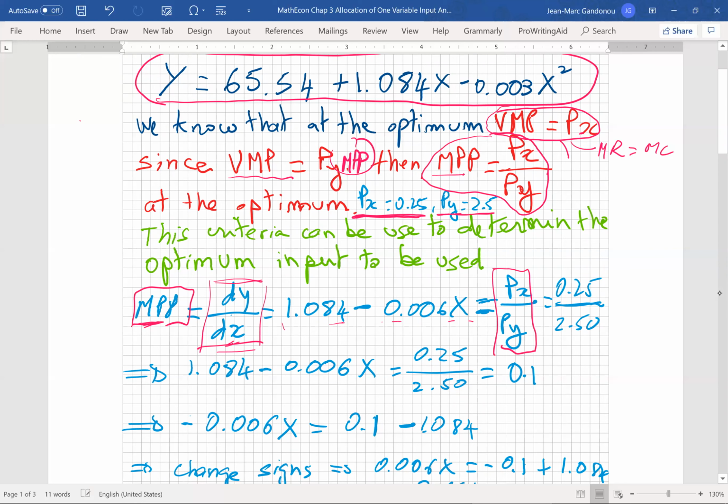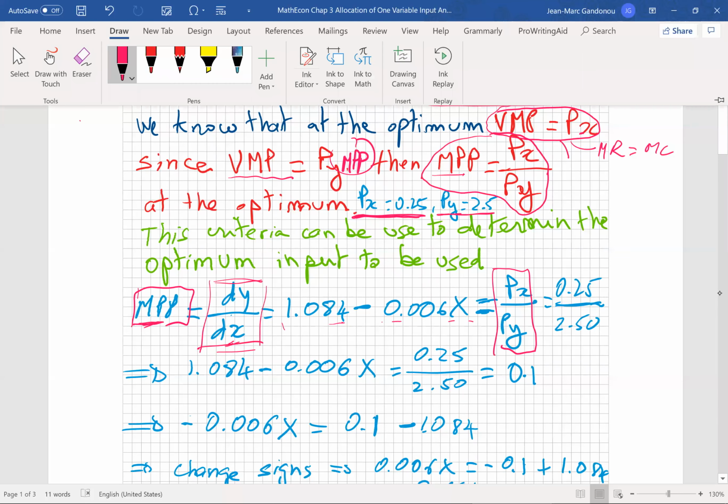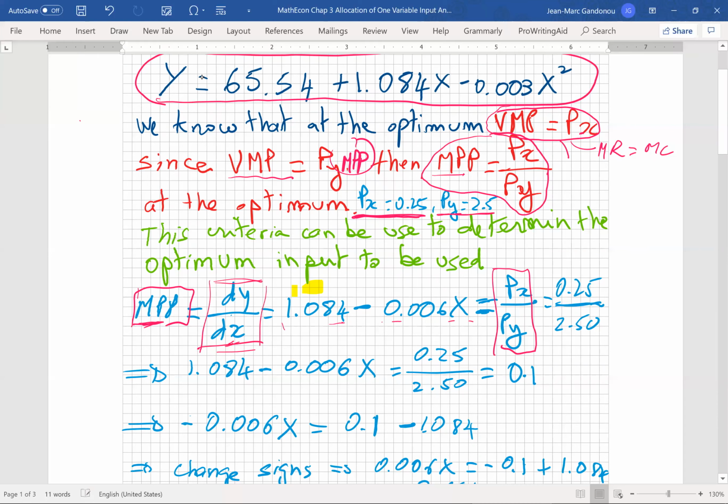Right? And so this marginal physical product is the one that is going to be equal to the ratio of prices. Marginal physical product is equal to the ratio of prices. And so the value that will have that equal each other is going to be this one, right? Which is the marginal physical product equals the ratio of prices, equal that one.